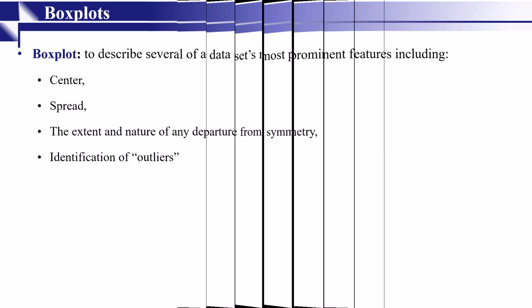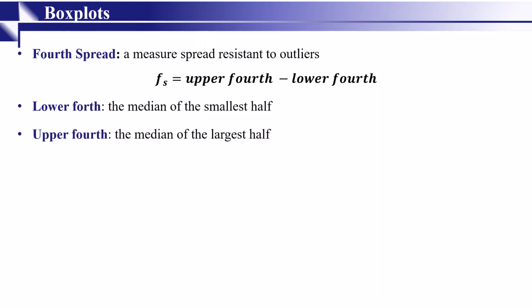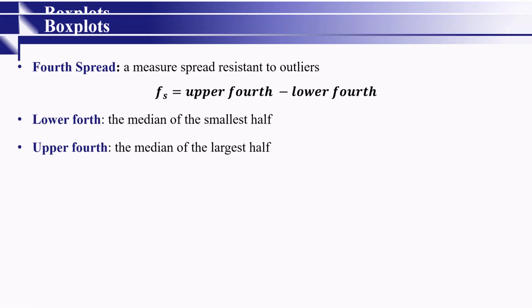Then we go for the fourth spread. This is a measure of spread resistant to outliers, and we calculate fs as the upper fourth minus the lower fourth. What is the lower fourth? The median of the smallest half, and the upper fourth is the median of the largest half. To do that, we need to order the n observations from smallest to largest, and then separate the smallest half from the largest half. The median is included in both halves if we have an odd number of values.